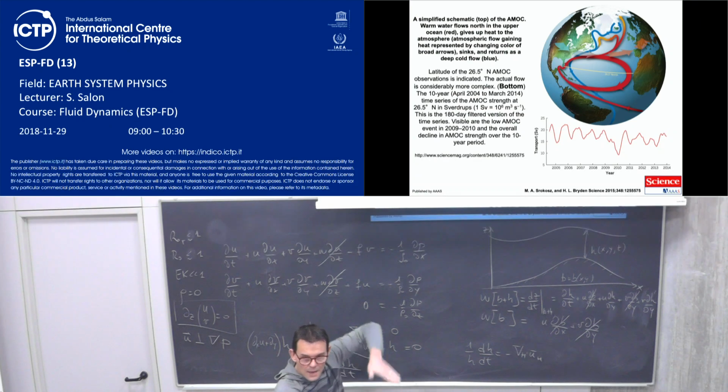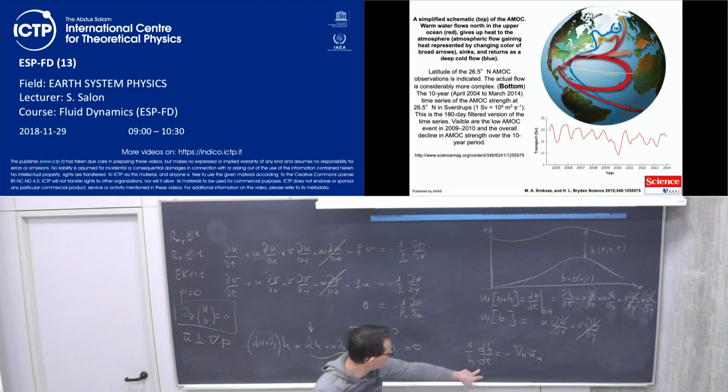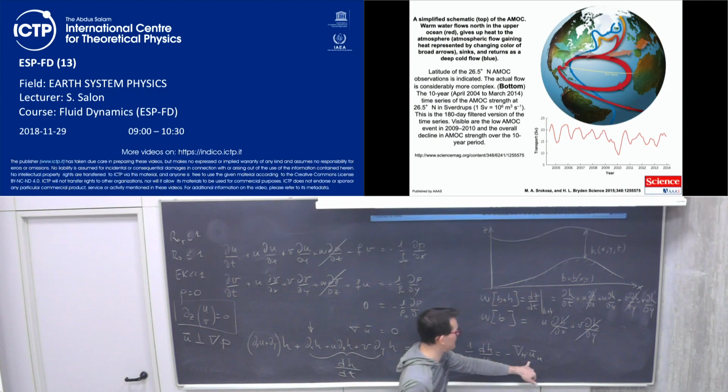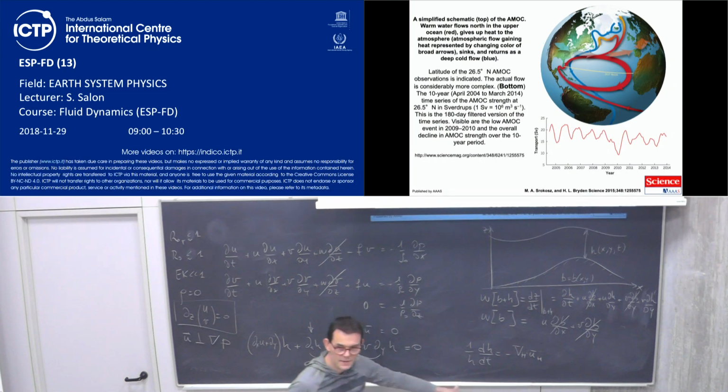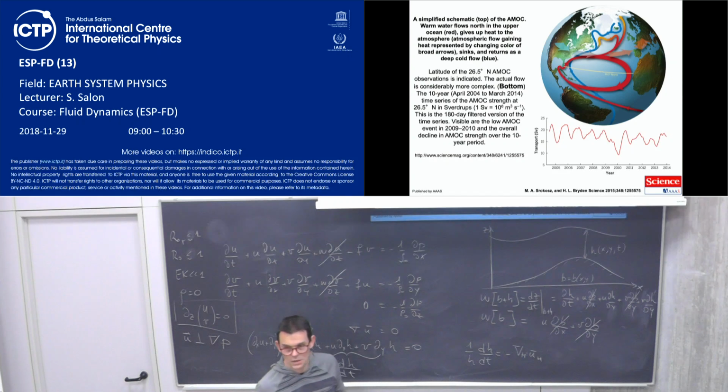In any case, the fluid column will increase its depth. So this will be positive, and in time I will have an increase of h with respect to the incoming flow. On the other side, if I have divergence, this is positive, so with the minus I have a negative variation of h, so I will have a decrease of the fluid depth.